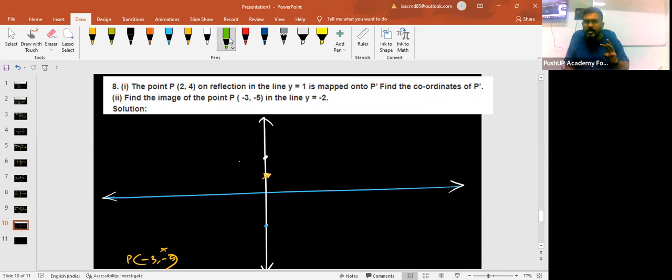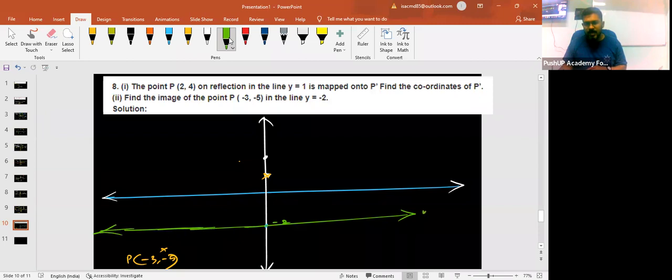Now it has to get reflected in the line y is equal to -2. That means, imagine, children, here is your -2 and the line has to pass through it. This is your y is equal to -2. So the point is getting reflected in a line which is parallel to the x-axis.